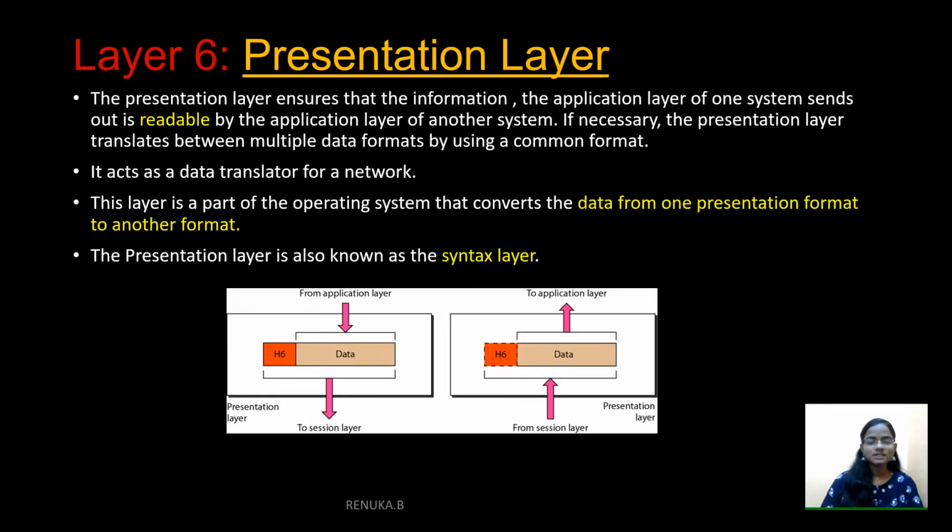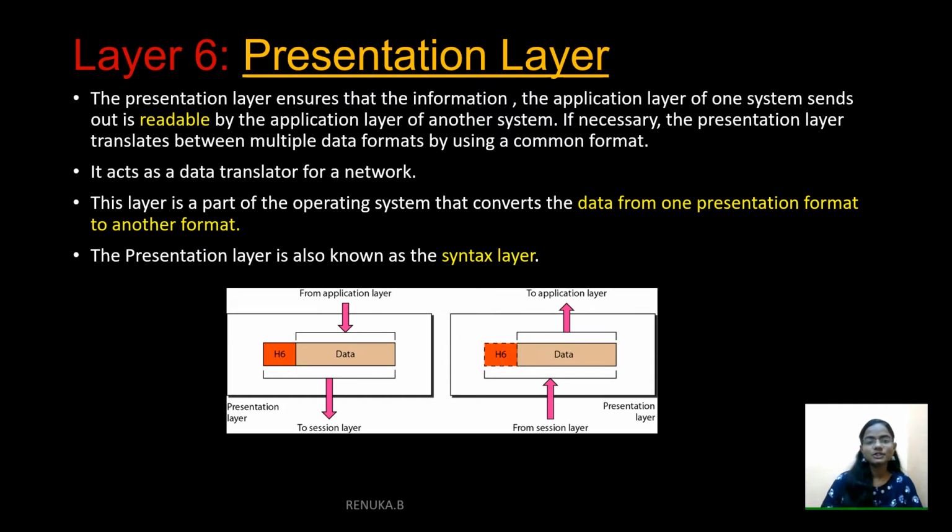The next layer, that is the 6th layer, is the presentation layer. The presentation layer is mainly concerned with the syntax and semantics of information exchanged between two systems. That's why the presentation layer is also known as the syntax layer.